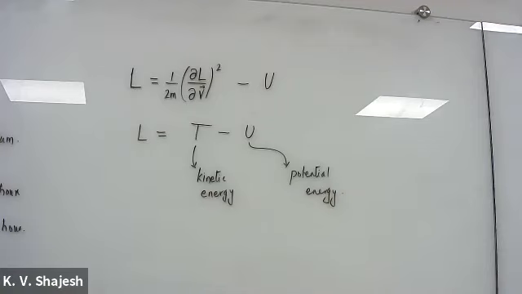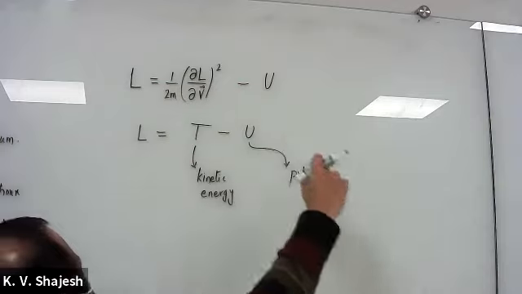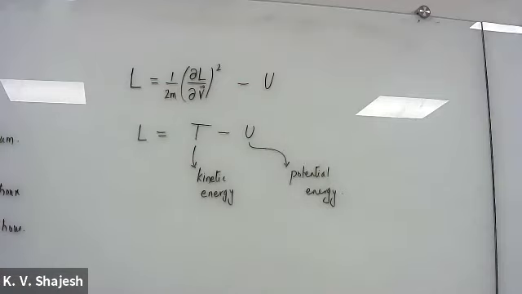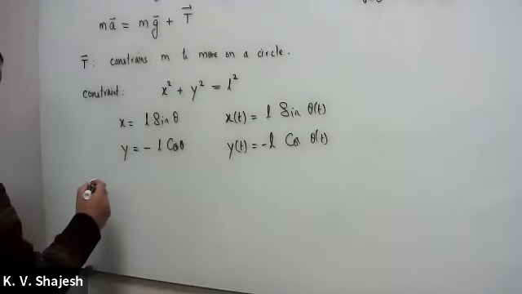So our idea is to always construct the kinetic energy and then subtract the potential energy associated with it. Since we have a simple system in gravity that we are working with, we have to write our kinetic energy and potential energy, which involves velocity squared. So we have to take the derivative.